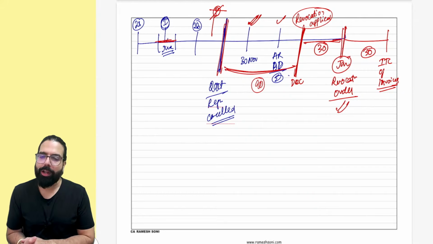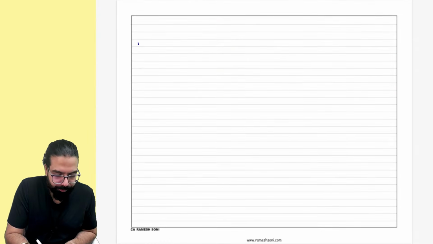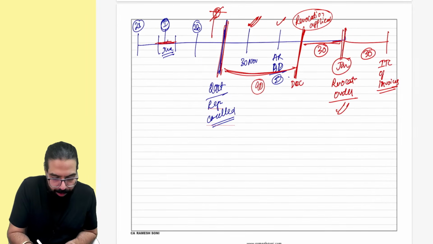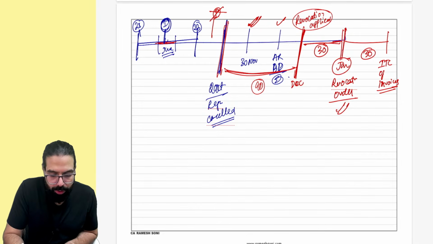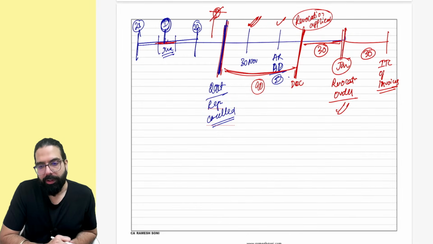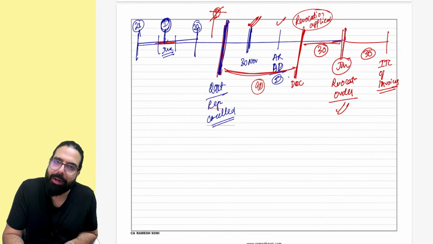What are they trying to tell over here? They are trying to tell, sir, here only one invoice was there. I did not take the credit of the invoice. Now, on 20th October registration got cancelled. They are telling you should have taken the credit. I did not take the credit. I could have taken the credit on 30th November, but my registration already got cancelled. So what to do?